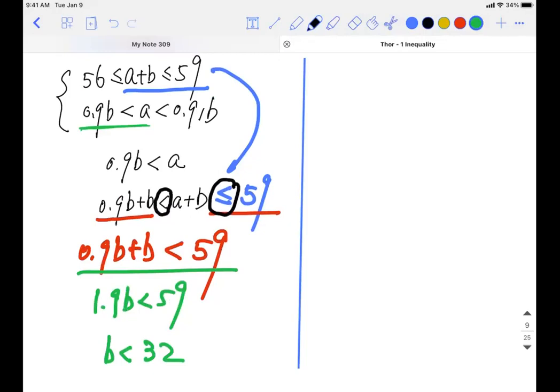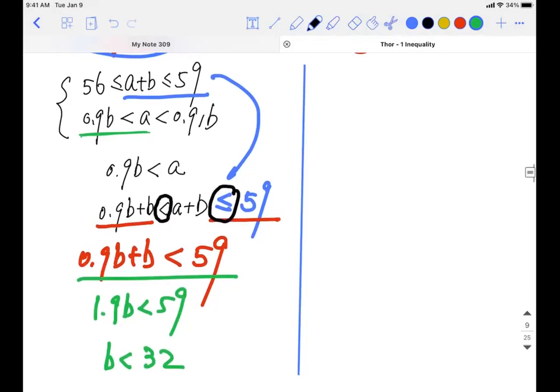All right, yes. So this time I'm gonna ask maybe Felix. I see Felix has the correct answer. So what I did first was I first found the relationship of a plus b, and I first wrote a smaller than 0.91b, and I add b on both sides.